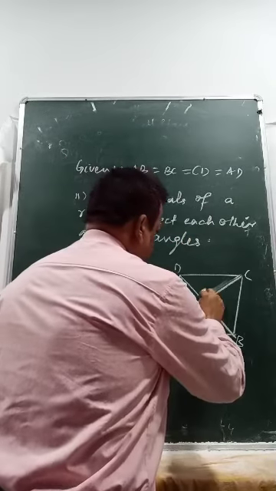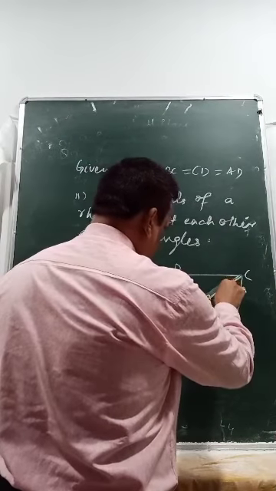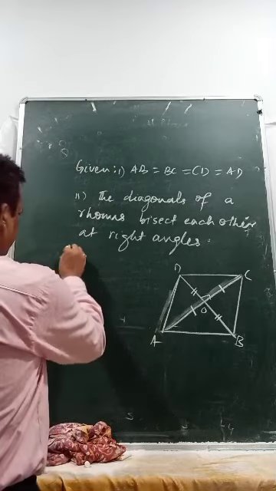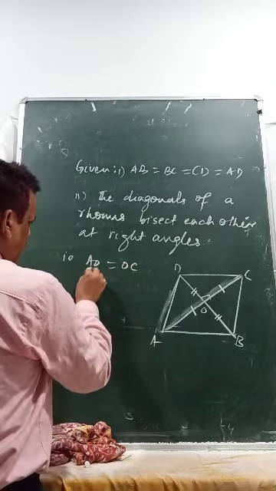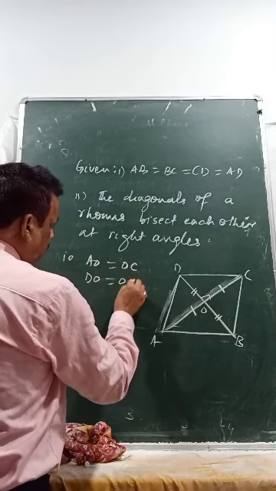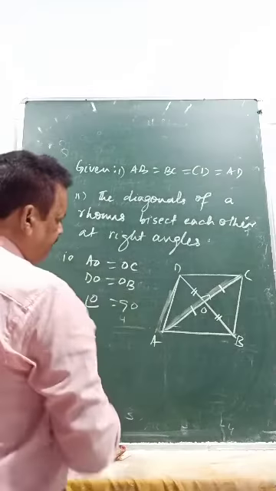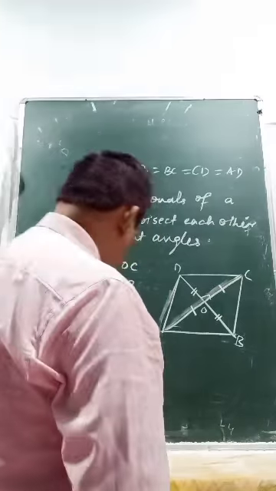Means this is 90 degree and AO is equal to OC, BO is equal to OD, and angle O is 90 degree. So once it is 90 degree, you can use the Pythagoras theorem.